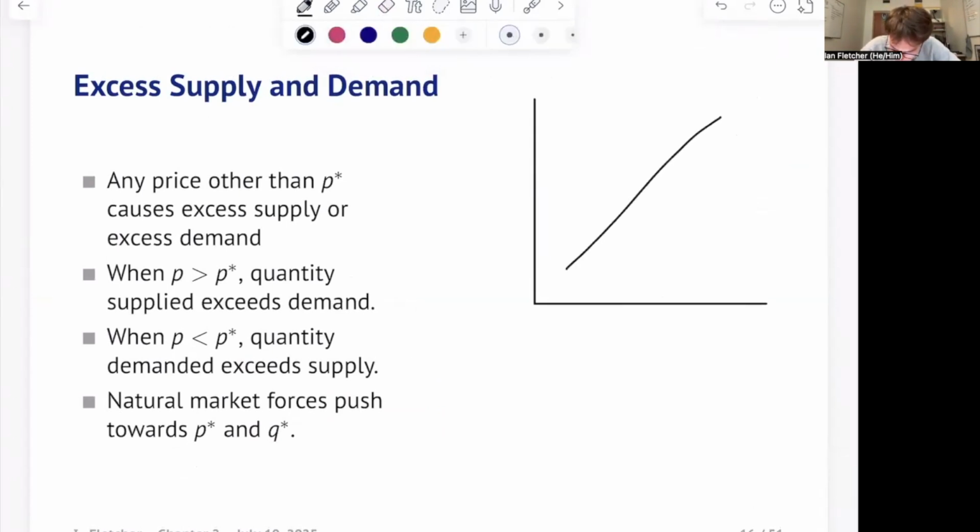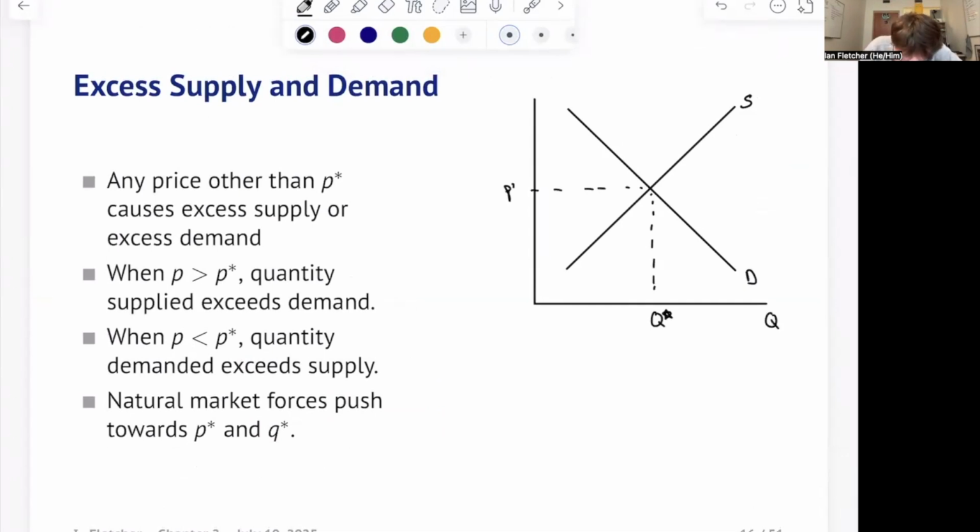We've got our supply, we've got our demand, we've got our Q star and our P star. Now suppose that we were above, so suppose that our price here was P high. So we are cutting across here.